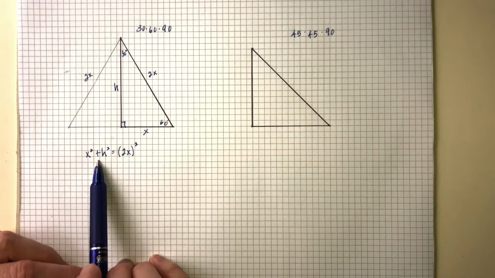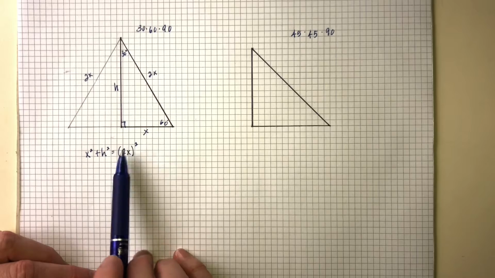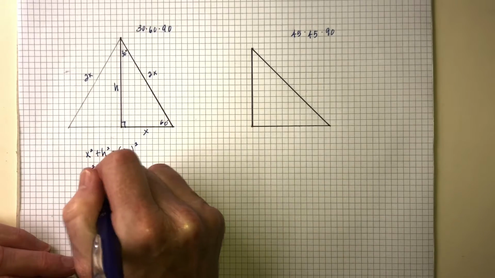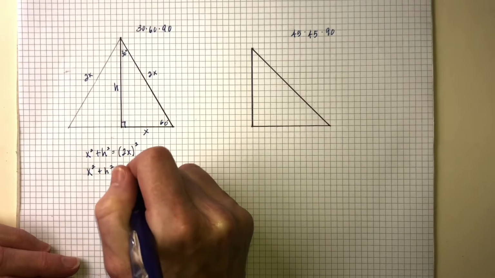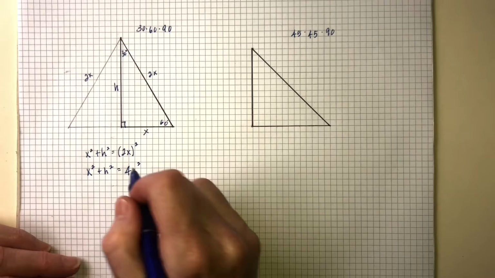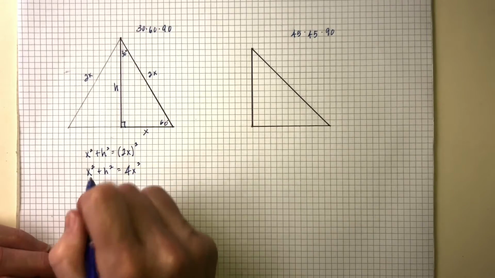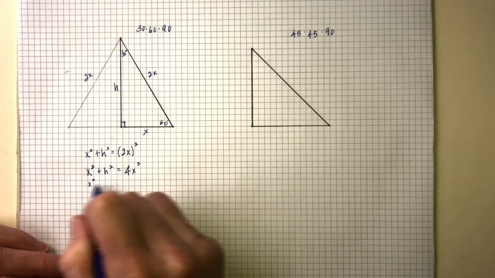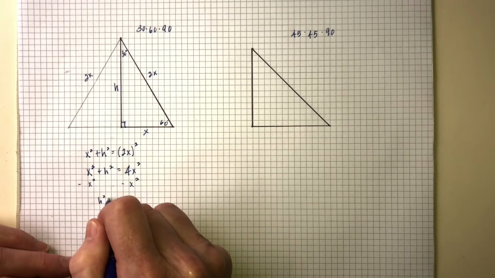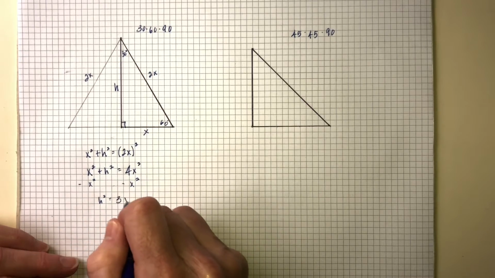So x squared plus h squared equals quantity 2x squared. Simplifying, we get x squared plus h squared equals 4x squared. That's just squaring everything there. Now we can subtract an x squared from both sides, giving us h squared equals 3x squared.